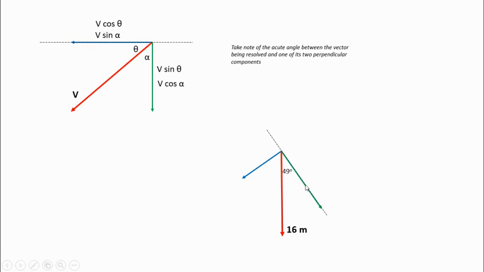Well, since this green line is adjacent to the 49 degrees, it is going to be 16 cos 49. 16 is the size of the vector, 49 is the angle it makes with this direction. And the next component would therefore be 16 sine 49. So those would be your two perpendicular components, and we can calculate the value as necessary.